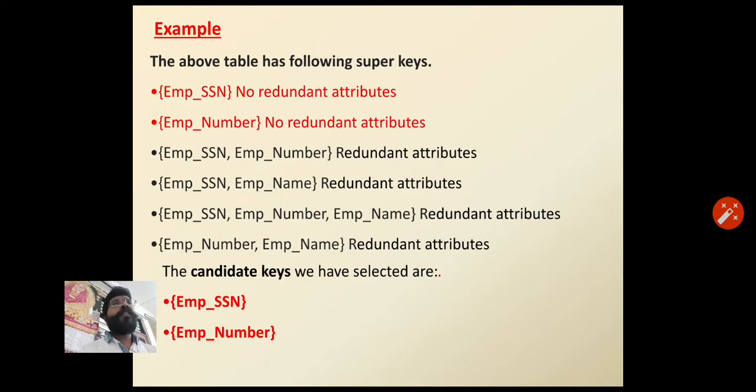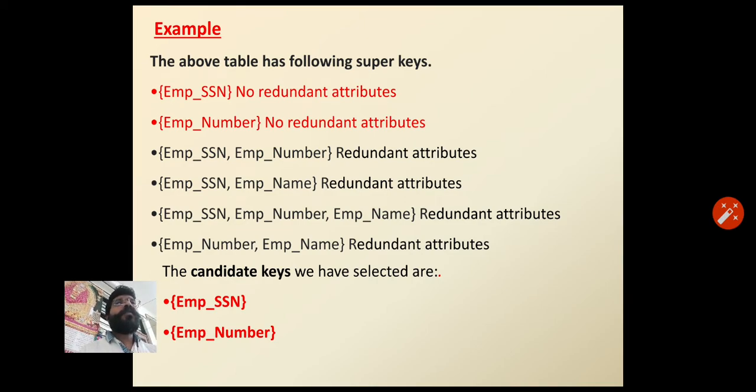in the above table, these are the key attributes. SSN number is not a redundant attribute, employee number is not redundant, and all others are redundant. So which are the redundant ones? SSN number, SSN number, SSN number, and the last, employee number.